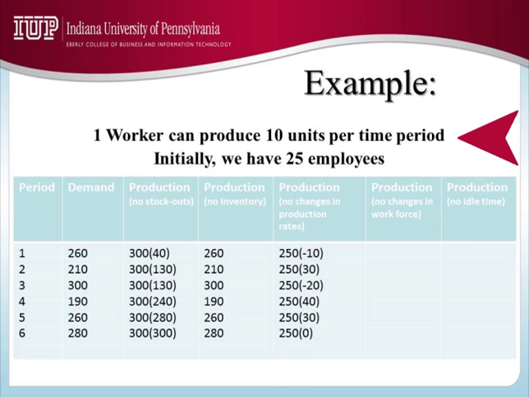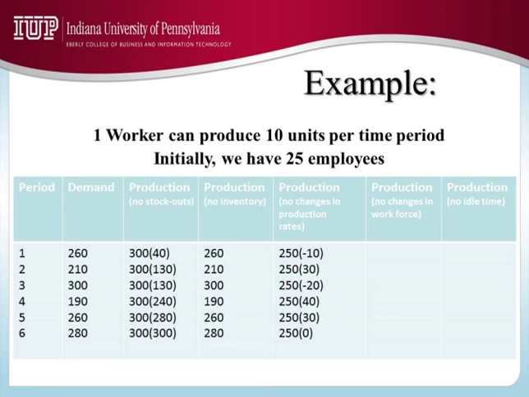So the initial workforce can produce 250 units. Now look at the demand for 6 time periods. It is varying from 260 to 210 to 300 to 190 to 260 to 280. So the range is 210 to 300, the least to the highest.